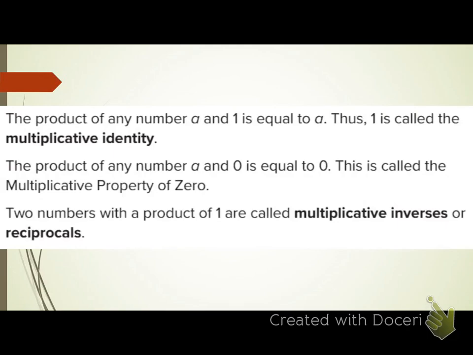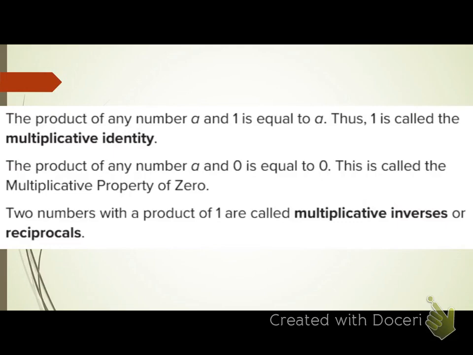So, earlier we had the additive identity. Here, 1 is called our multiplicative identity. Okay? Any time I multiply a number by 1, I get that number back. The product of any number A and 0 is what? 0. 5,273,165 times 0 gives me 0. 1 times 0 gives me 0.